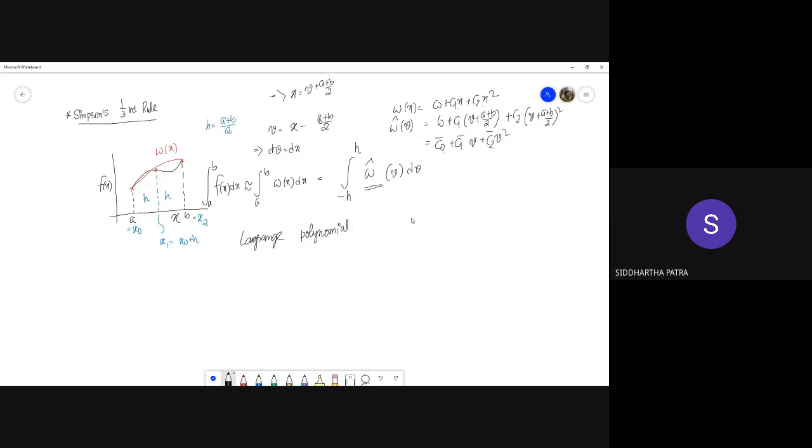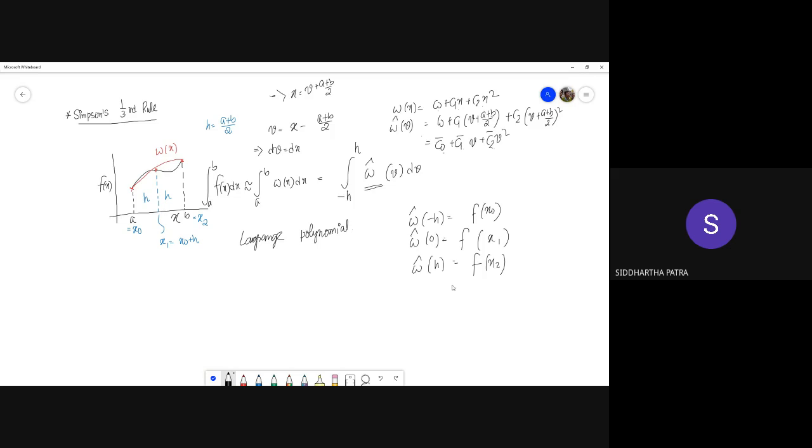We have been given w hat of minus h equals f of x0, w hat of 0 equals f of x1, and w hat of h equals f of x2.